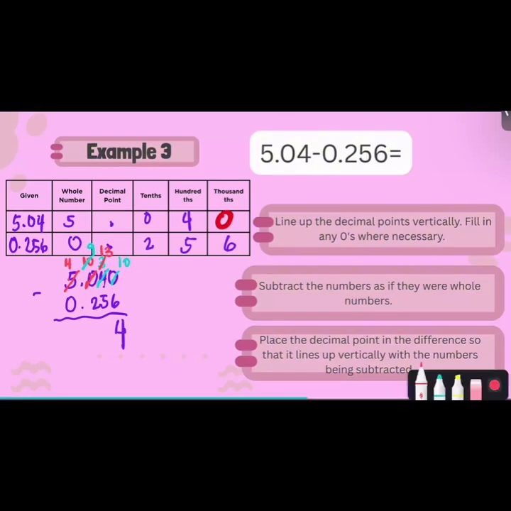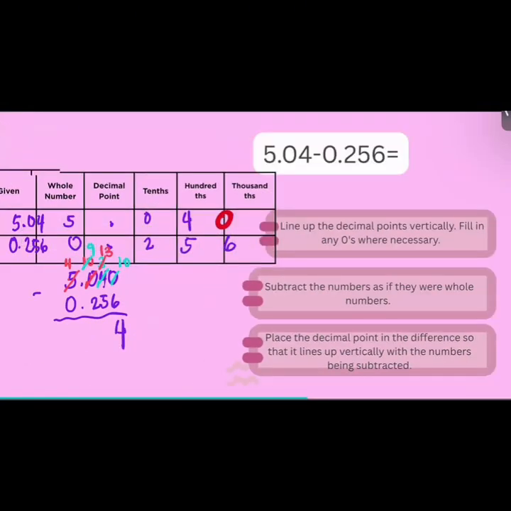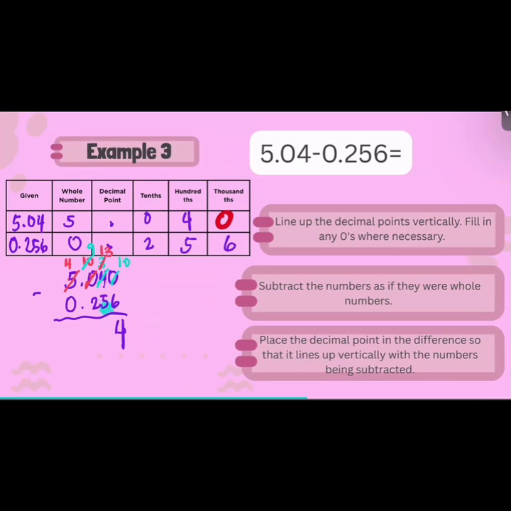We can subtract now: 13 minus 5, that is 8. And 9 minus 2, that is 7. Copy decimal point. And then 4 minus 0, that is 4. So, our answer is 4 and 784 thousandths.